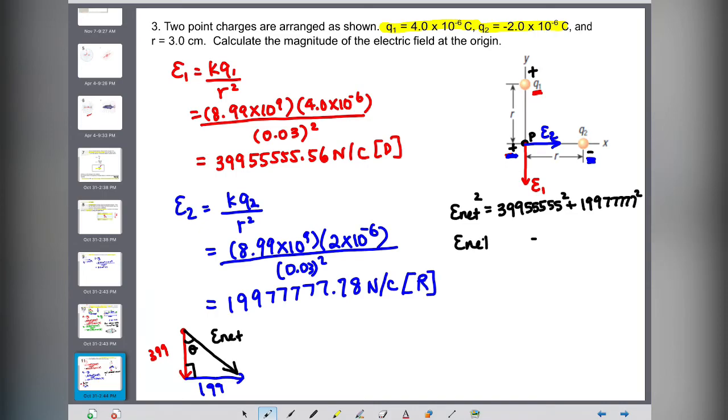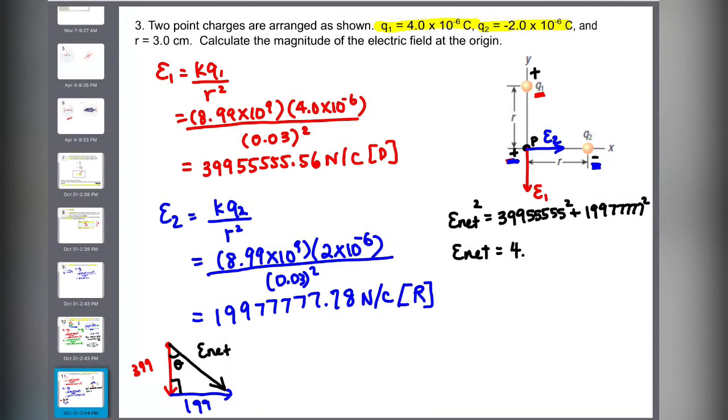Okay, E net. Take the root. So the answer I got is 4.5 times 10 to the 7. Two significant digits. Unit is Newtons per coulomb.